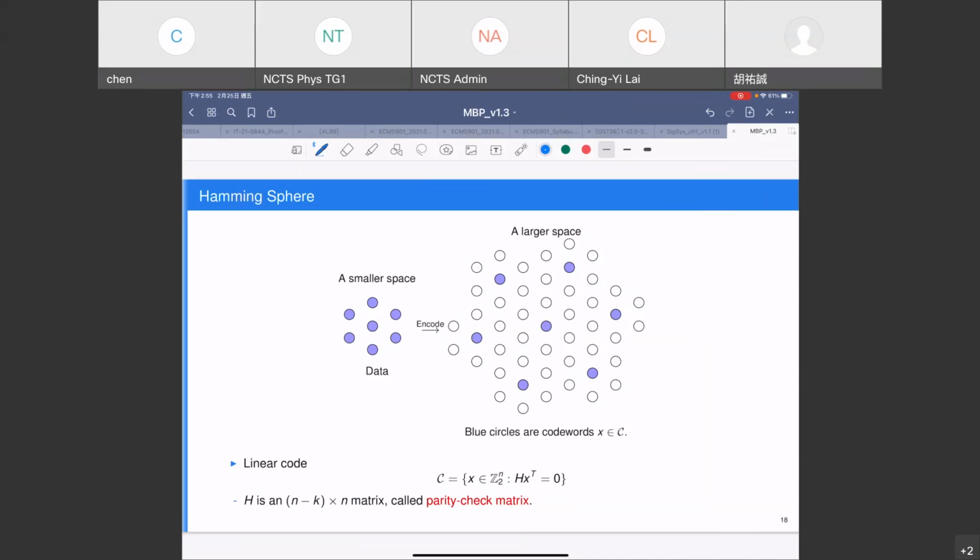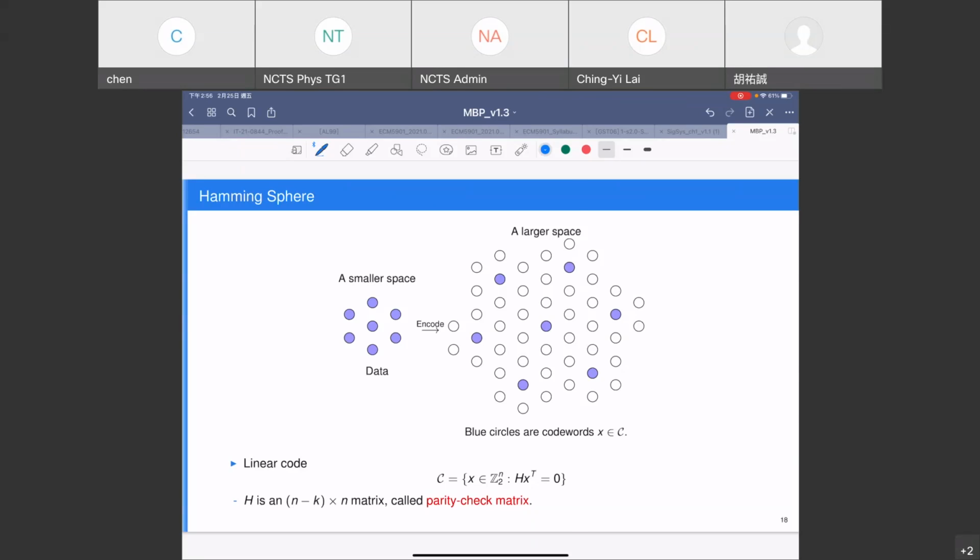Basically, in this raw data space, if some error occurs, the data will be corrupted. So it will become some other data point. So you cannot recover that. In this case, if some error occurs, for example, this point will go to its neighboring node, right?